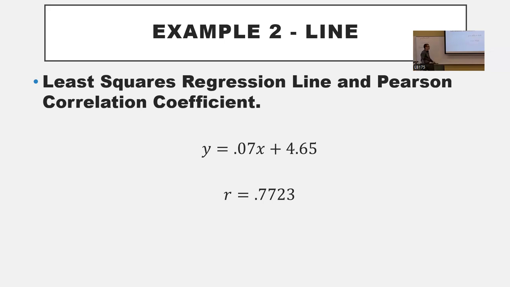It's 0.7723 as an R value, indicating that our line fits the data well or fits the data poorly. Well, in this class, it's above 0.75 in absolute value. So we have a good fit, since the R value is at or above 0.75.